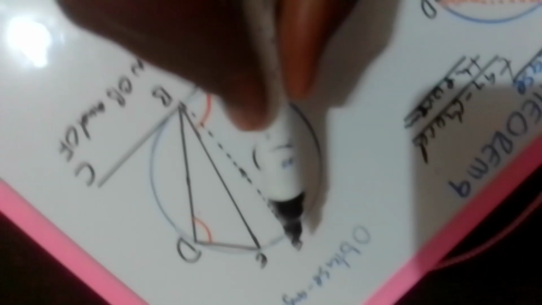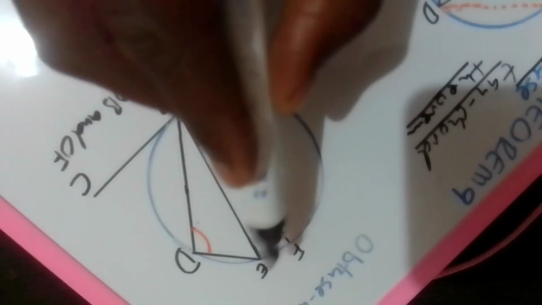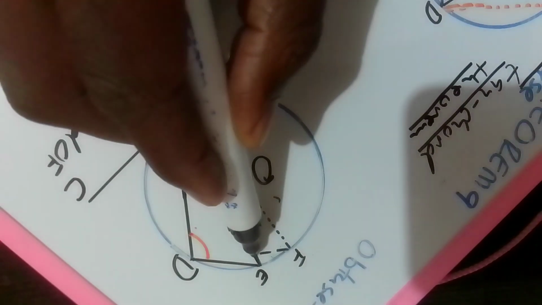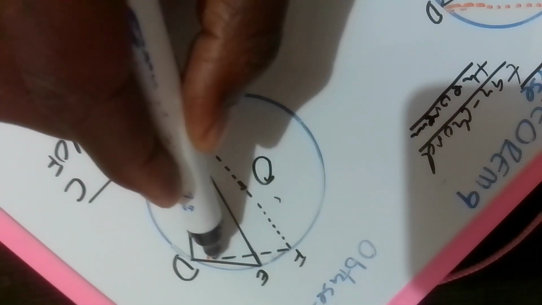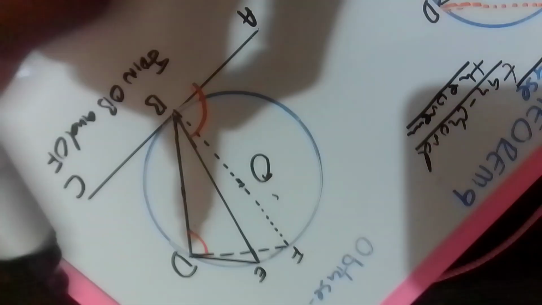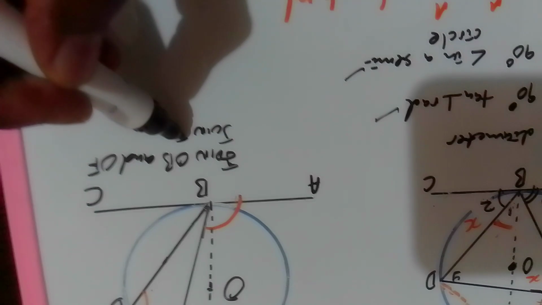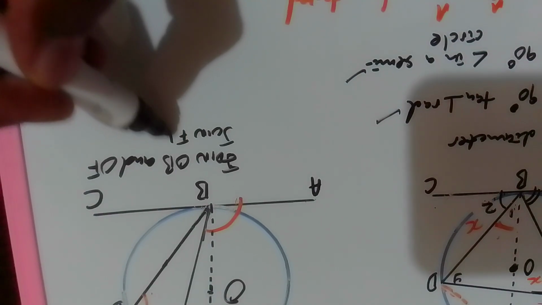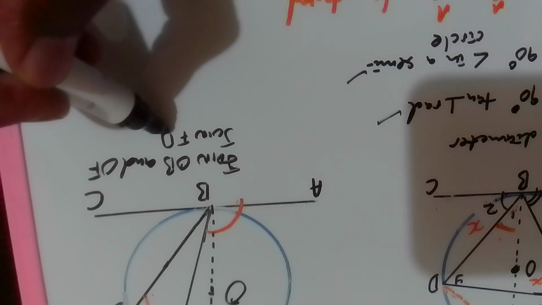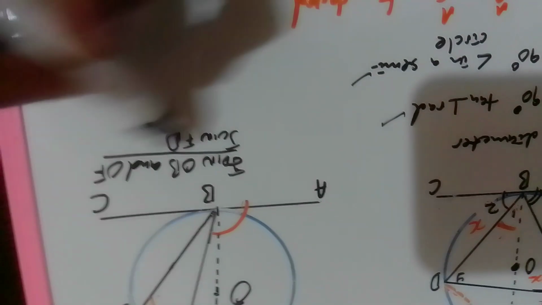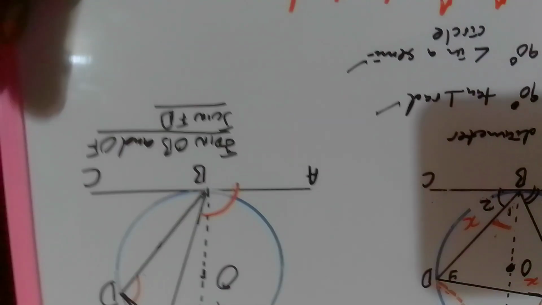Here, I'm now going to join point F to point D. So I say join FD. Everything that I was not provided, I'm informing the examiner about it.